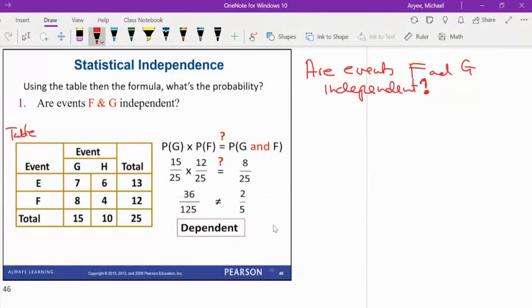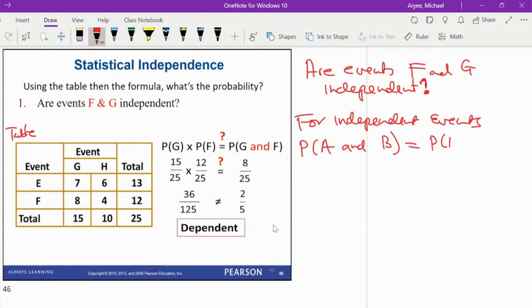In mathematics, in general, for independent events, the probability of A and B must give you the product of their individual probabilities: the probability of all the A's times the probability of all the B's. So this is a formula I want you to note.